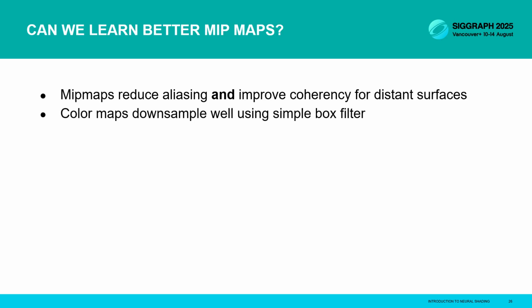But when generating these mipmaps, we find color maps like albedo, for example, downsample really well just using a simple box filter. That's because if you take, say, a black pixel next to a white pixel and merge the two into a grey pixel, it makes sense to our human eyes.